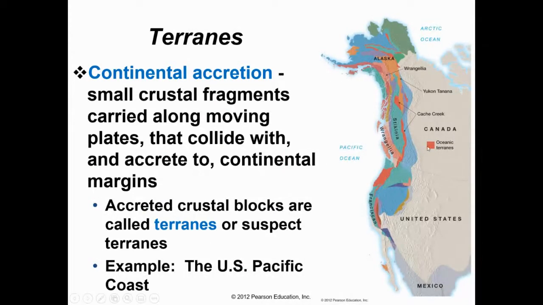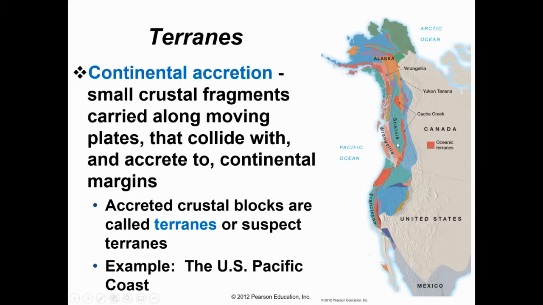All these bright colors you're seeing here represent what's called accretion. It's all those individual fragments that were smashed up against the western edge of the continent. Another term for these fragments is terrane. You'll see that as well.